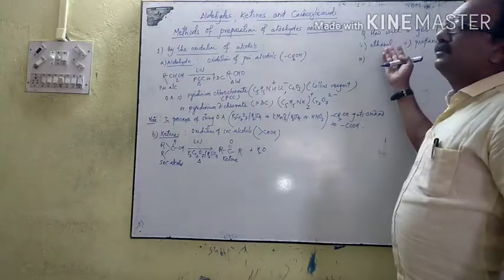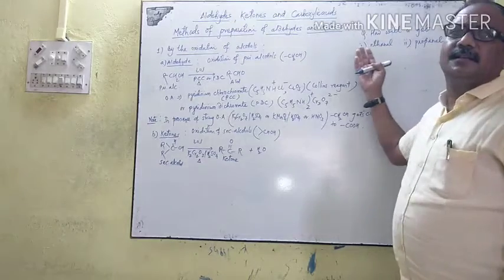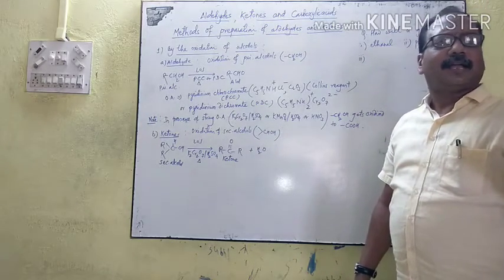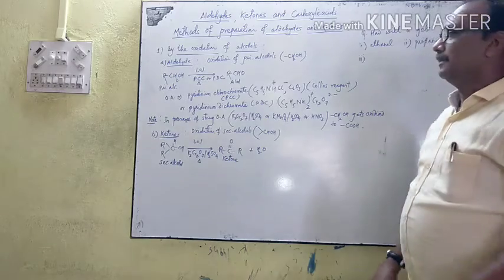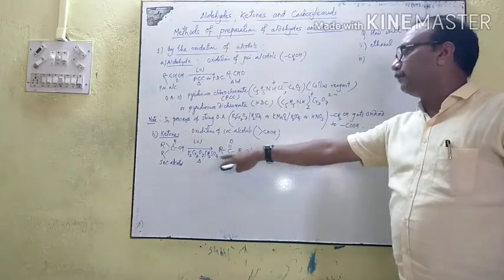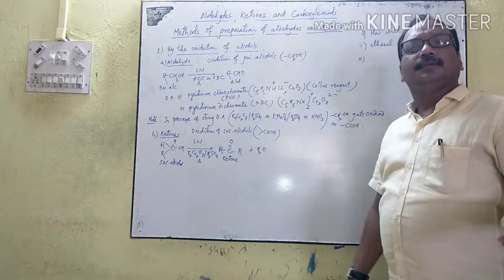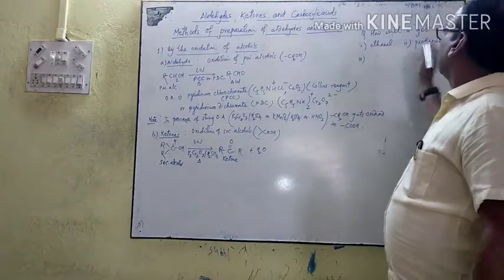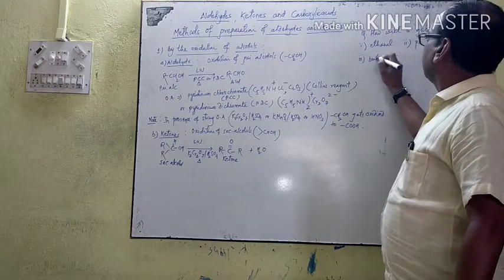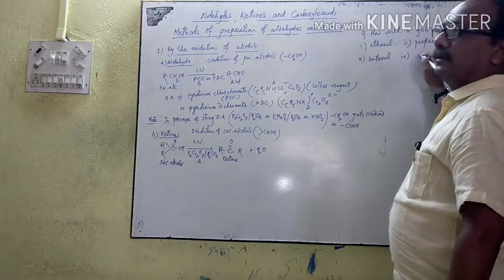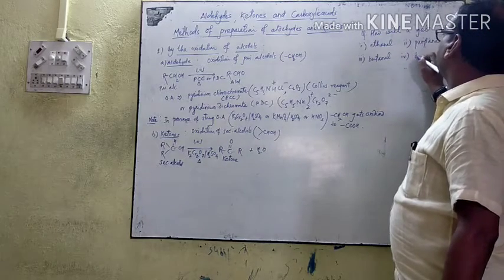See, when you wish to prepare an aldehyde, you have to select a primary alcohol having the same number of carbons. Even to get a ketone from a secondary alcohol, you have to choose a secondary alcohol having the same number of carbons. Third is butanol. Let's say benzaldehyde.